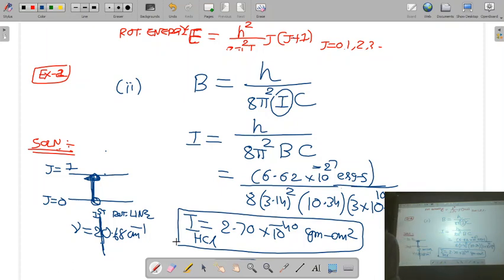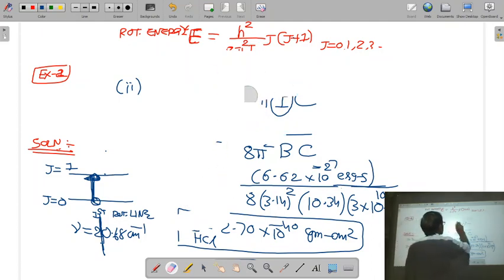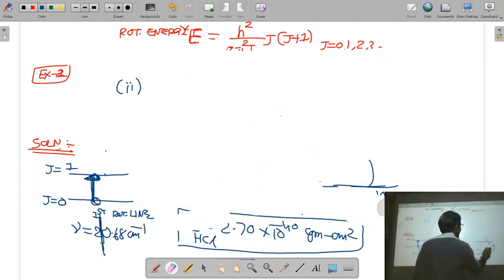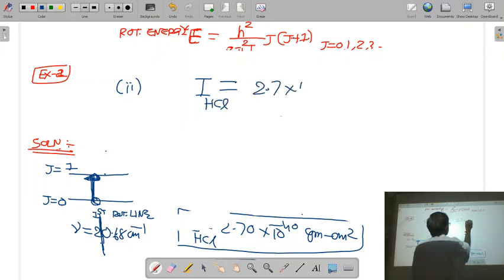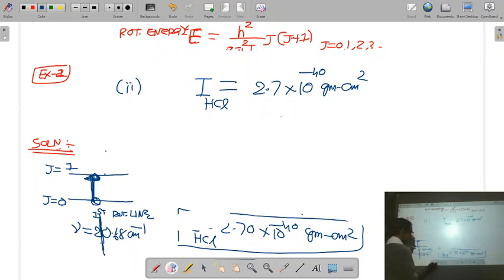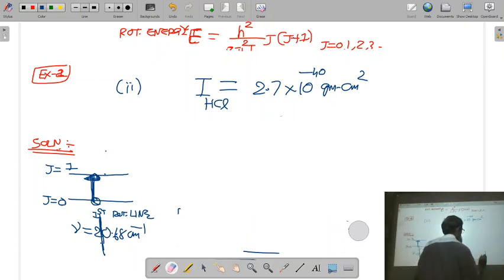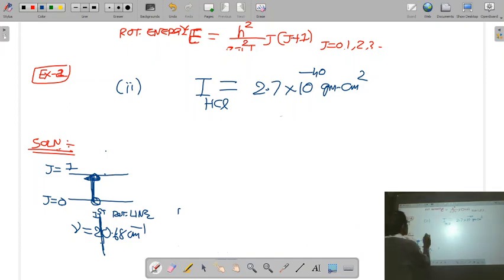And the last one. From the moment of inertia of the HCl molecule we just calculated, 2.7 into 10 raised to minus 40 gram centimeter square, you can calculate the internuclear distance R between the H and Cl atoms.